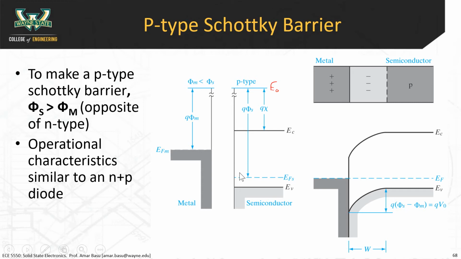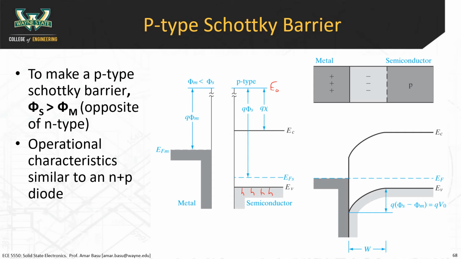And how is equilibrium established? Well, notice that this time we have a p-type semiconductor. So in a p-type semiconductor, we have a lot of holes. So we can start by drawing the holes in the band diagram. All right, holes like to go up the slope, just like electrons like to go down the slope. Holes go up the slope because a hole moving to a higher energy means that an electron is moving to lower energy.